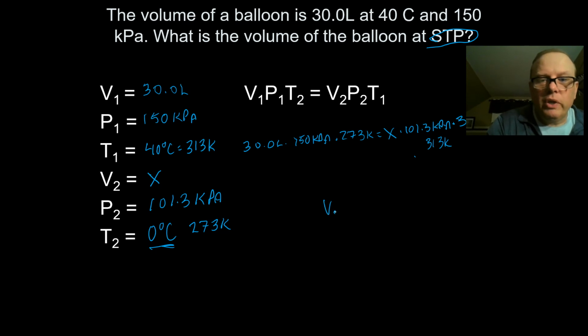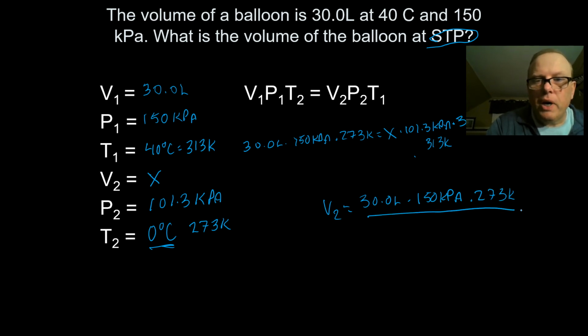So V2 will end up equaling 30.0 liters times 150 kilopascals times 273 Kelvin divided by, on the bottom, 101.3 kilopascals times 313 Kelvin.